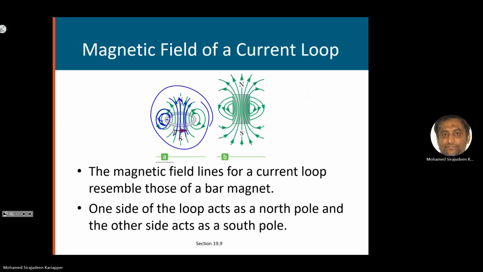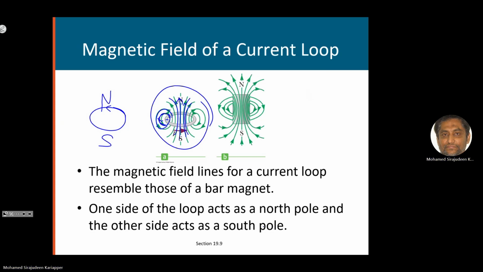So what does it remind you of? A bar magnet, right? This loop is like a small magnet. If you have a current that flows in a circle like that, it is actually a magnet. By curling your fingers, you will know which side is north and which side is south.